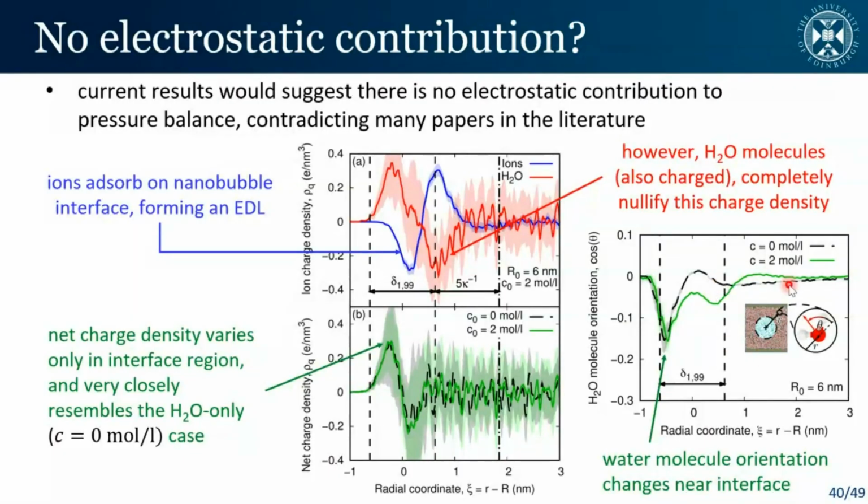And with the addition of ions, we can see that the water molecules change their orientation to essentially negate any net charge that might arise from this ionic layering. If we look at the total ionic charge density now, both no ions and ions, we see negligible difference between the net charges. So the addition of ions seems to make negligible difference to the charge on the nanobubble surface, and really puts into question this electrostatic theory surrounding nanobubble stability.